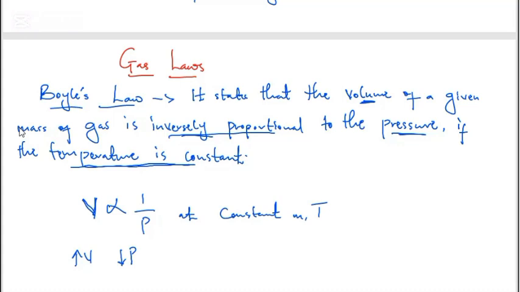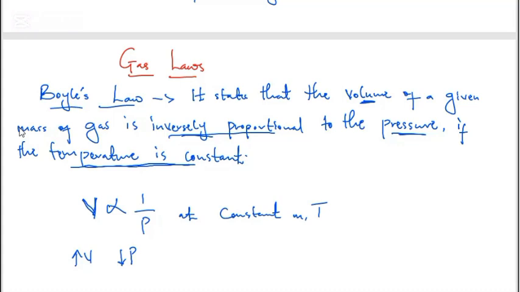So if you have 100 people in a room and you increase that volume, that is, instead of just one room, you now open space and there is more than one room, what will happen? The pressure, that is the frequency with which they are hitting each other if they are walking in the room, will be reduced. So it's a very simple logic.